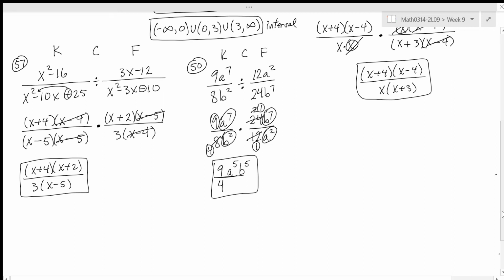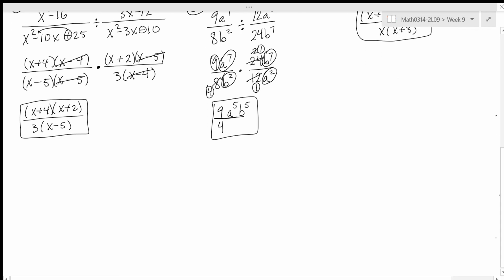Anybody else want to pick one to do? Anybody else got the book open and want to pick one? I'm a visitor too.